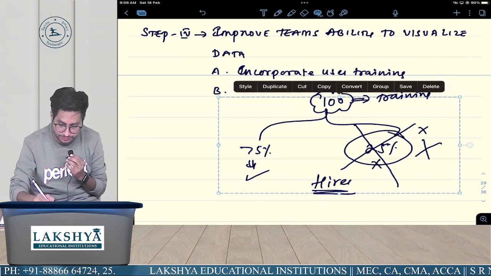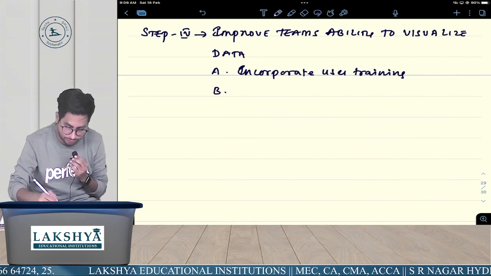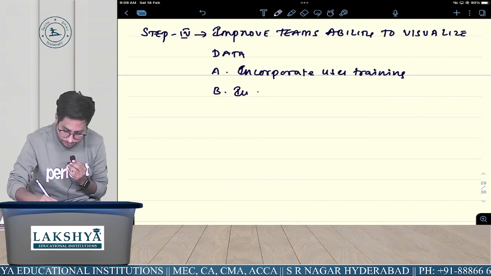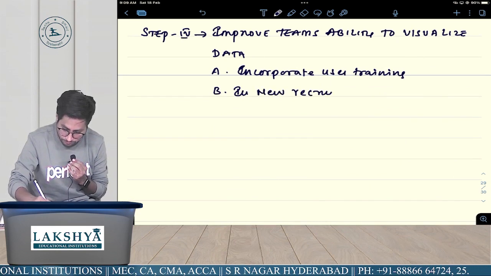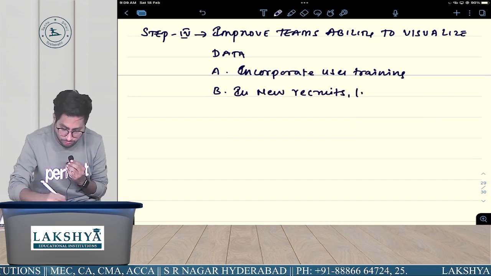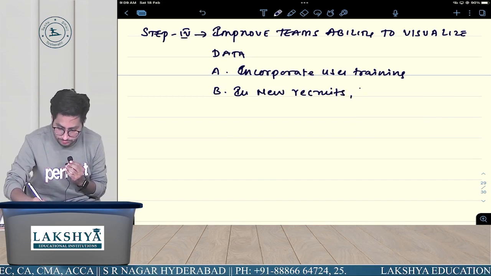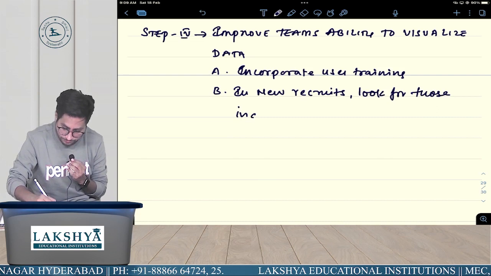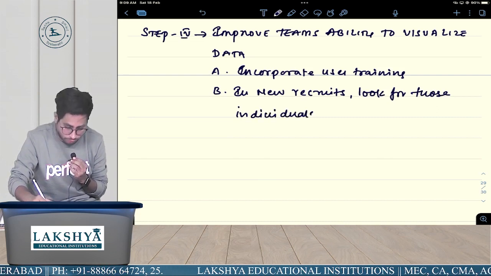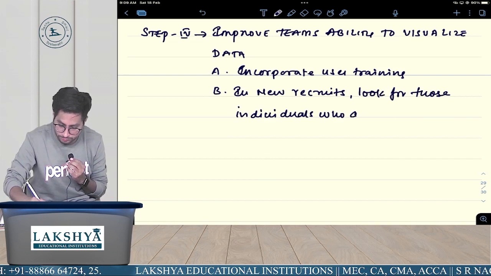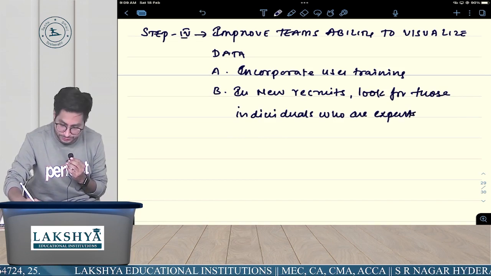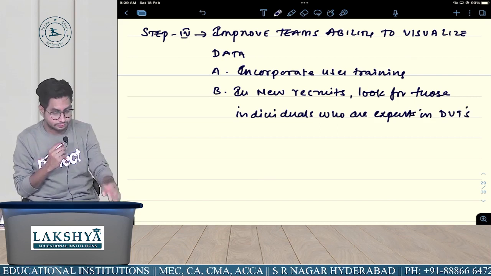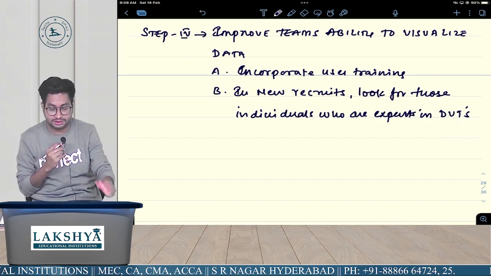That will be our point number B. Under point number B, note down: in new recruits, look for those individuals who are experts in DVTs, data visualization techniques.